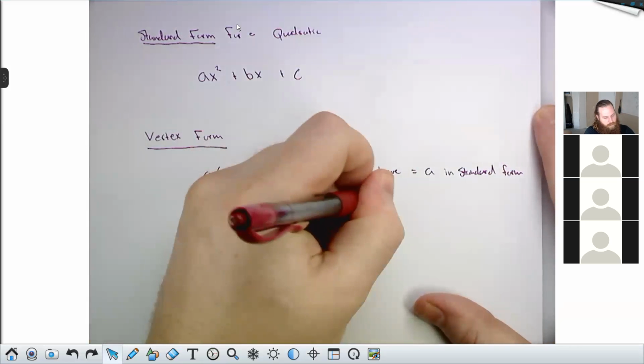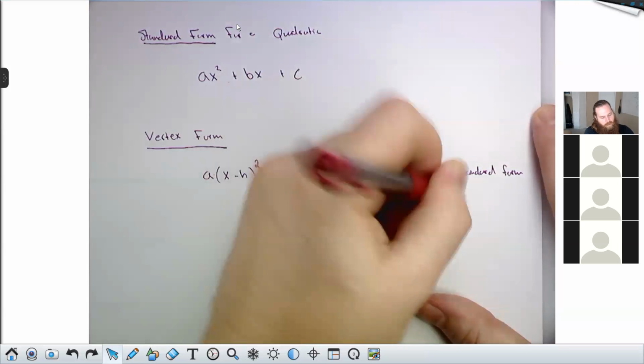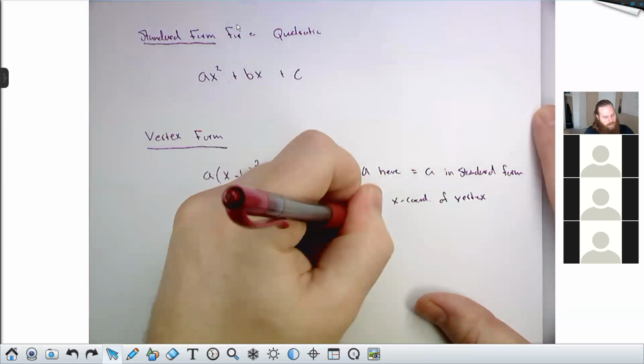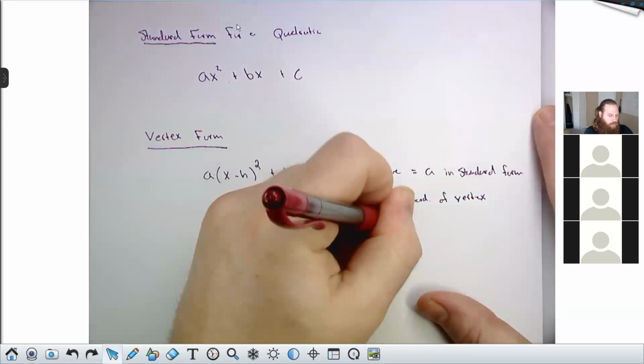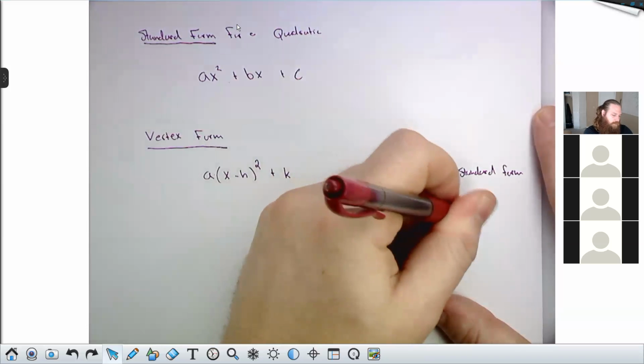H here is the x coordinate of the vertex. And k here is the y coordinate of the vertex.